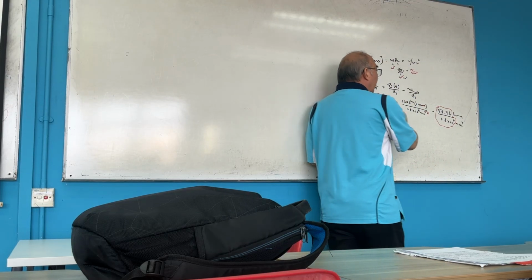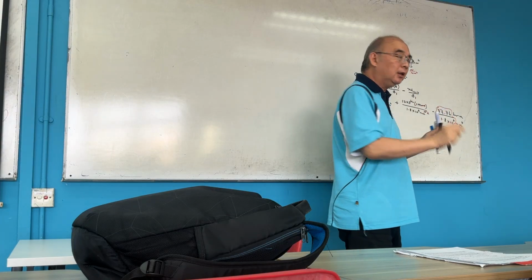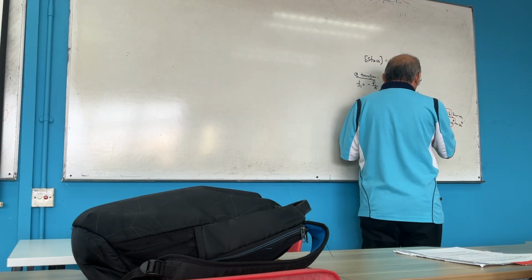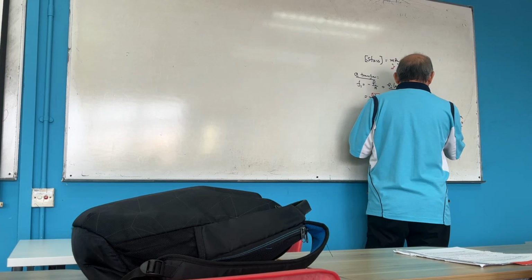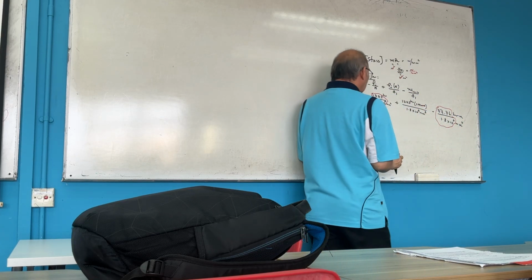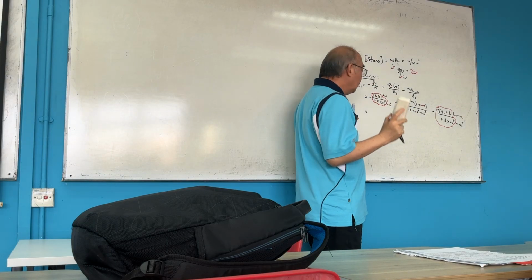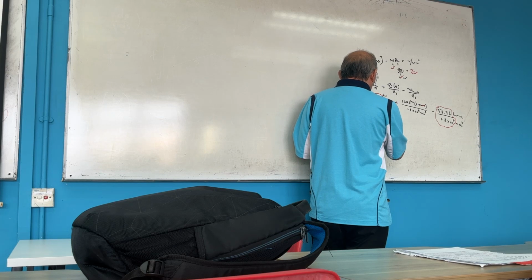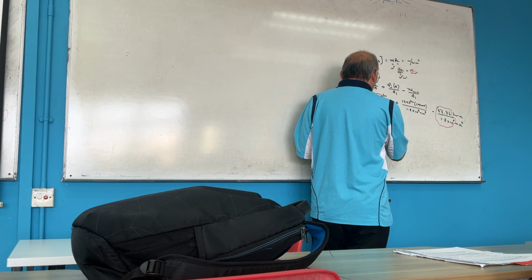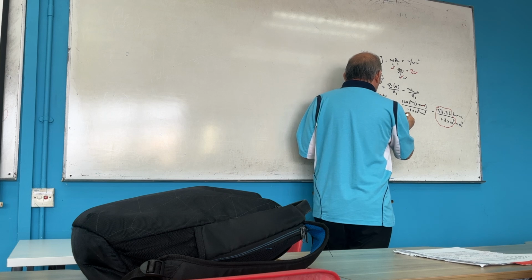Now, what you do is, this millimeter square, millimeter cube, we don't change the units, okay? What I want to show you is this one here, 1325 times 10 to the 3 kilonewton.